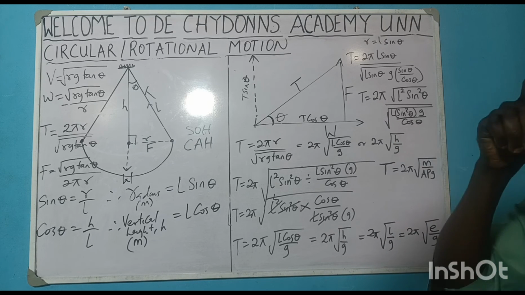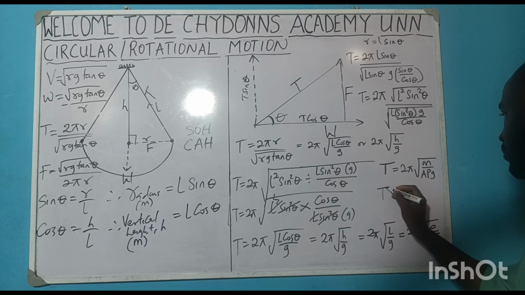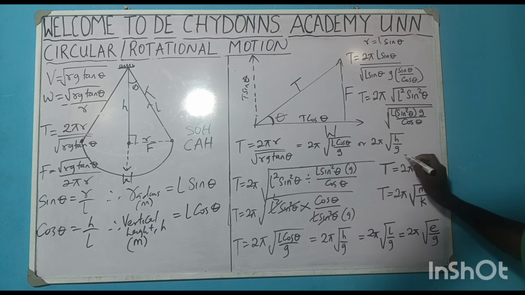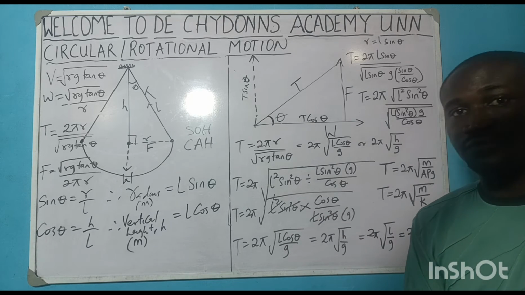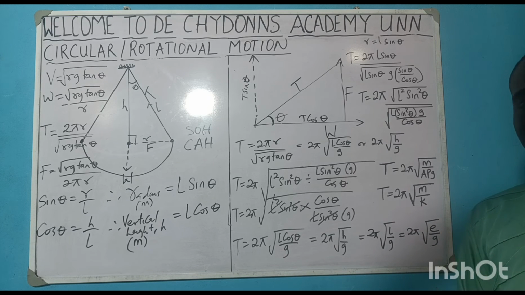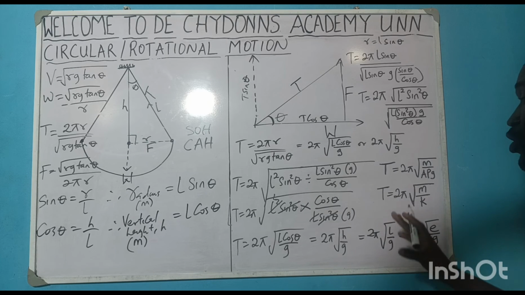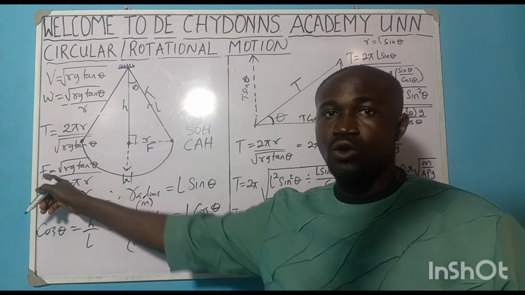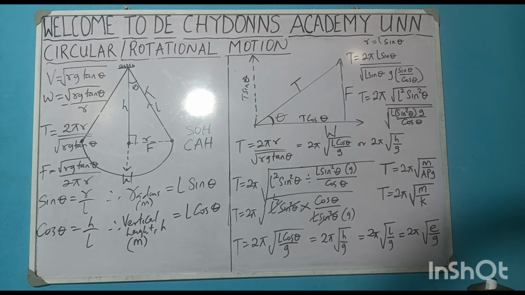But in terms of mass, we also have period equals to 2 pi root mass all over the spring constant. So these are different formulas for periods. Very important for you to know. Whichever one they gave you the parameters for, once you finish getting it, you invert your answer, you get your frequency.